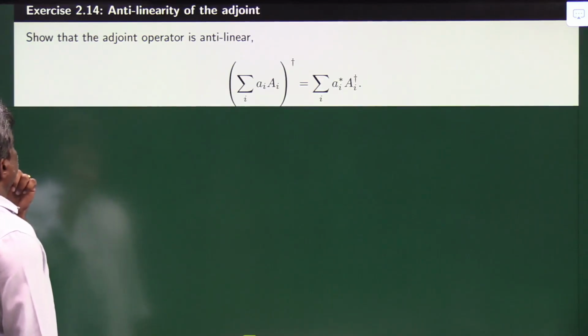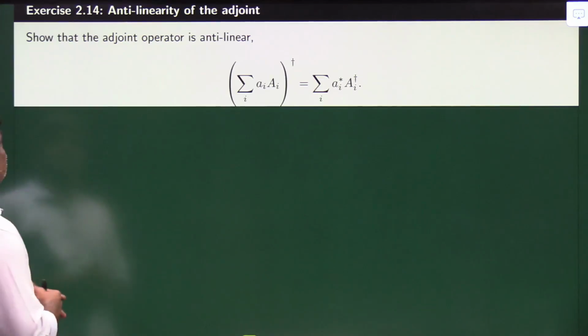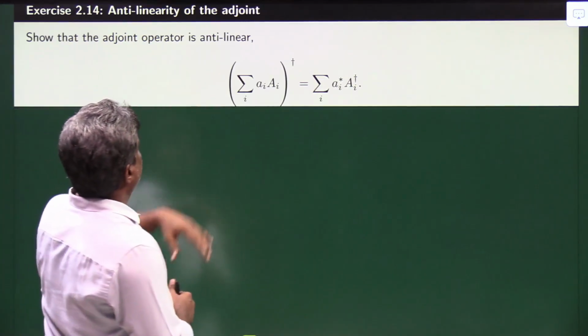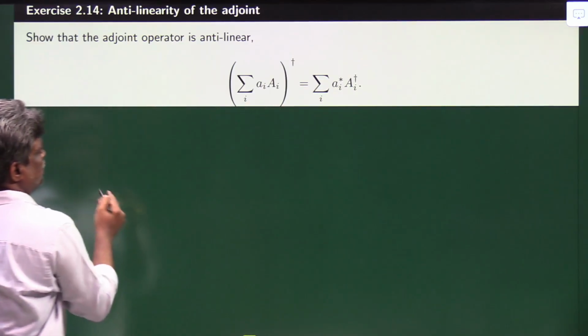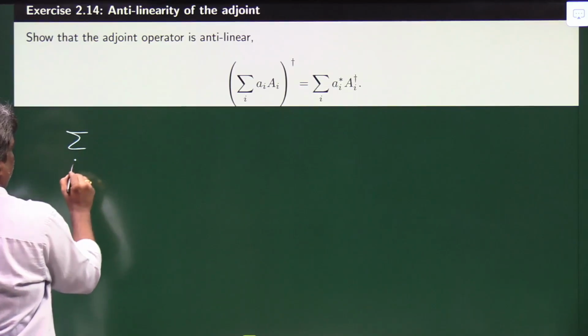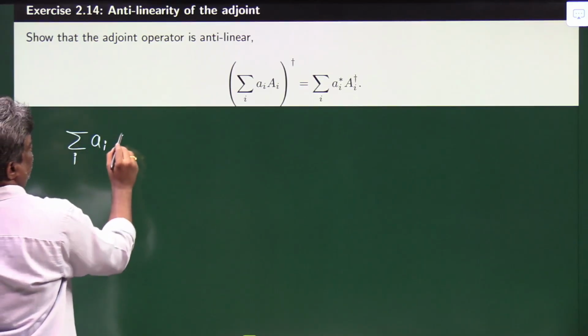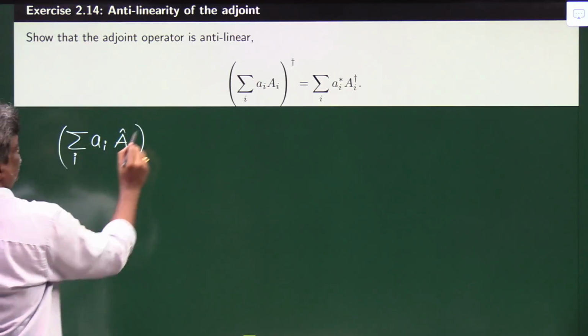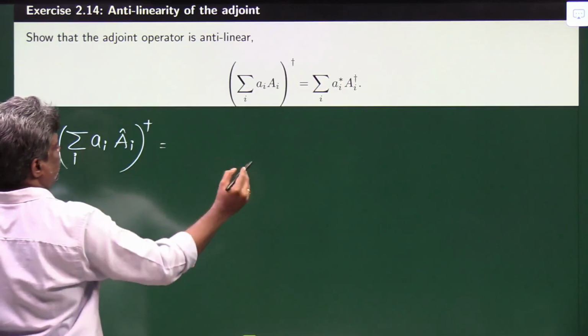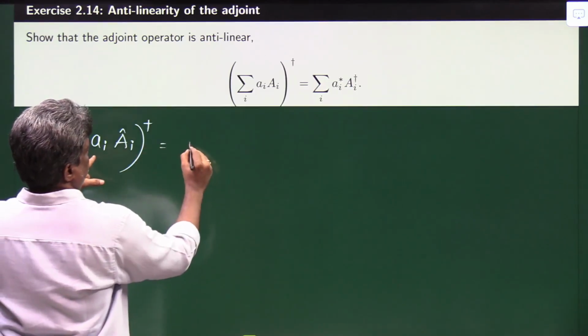Right. So this is your next question. They are asking whether the adjoint operator is antilinear. It's just expansion only, nothing else. For example, take summation over I, AI, where this is the operator and AI is the constant. If you take the dagger, let us take the linear combination, that means expand it.